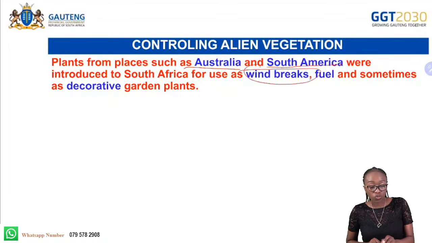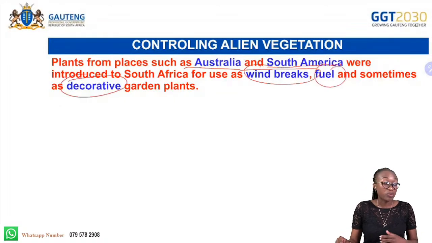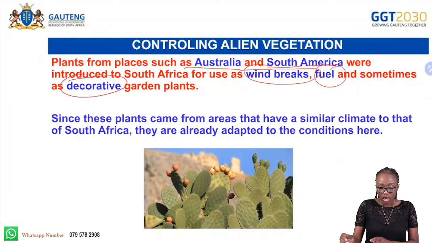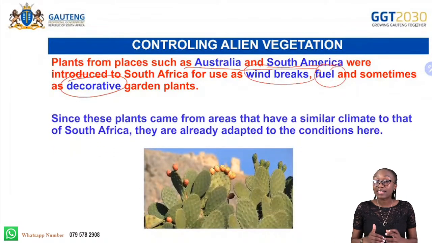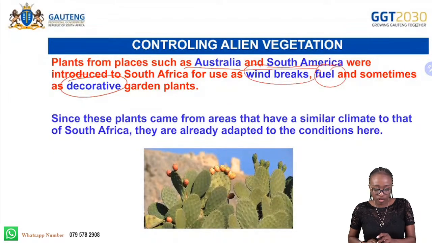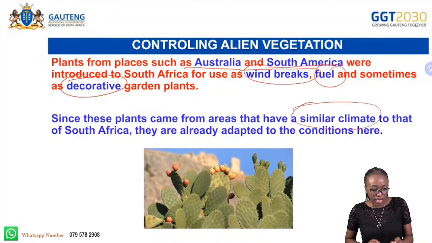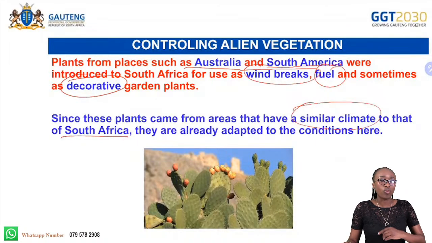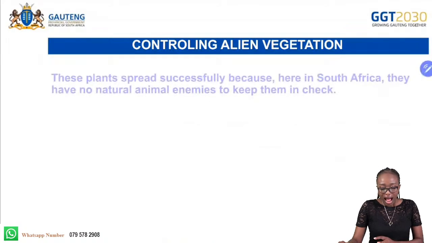One of them was windbreaks, fuel, and for decorative purposes, maybe to decorate a garden. So these are the plants that were introduced. So now these plants can thrive because they came from areas that have a similar climate to South Africa, and they are already adapted to the conditions here. So they will thrive, they'll grow, and they'll reproduce and populate an area.